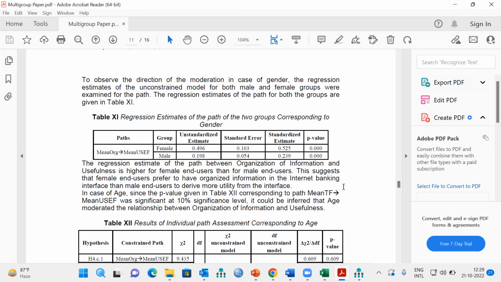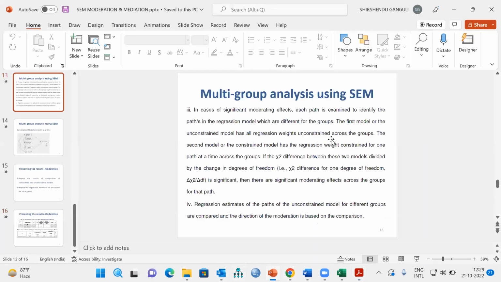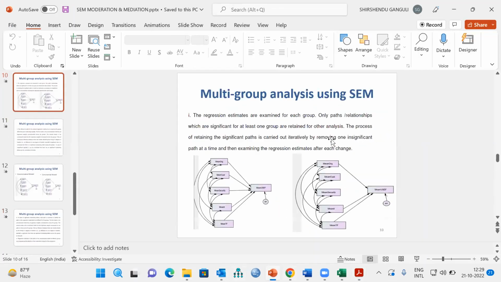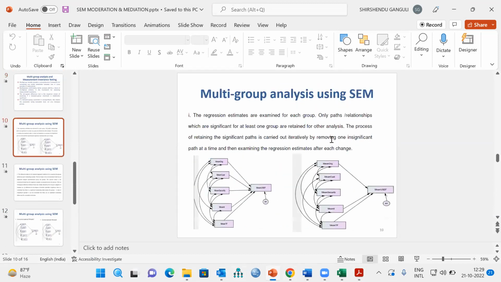So moderation is done in several steps. How do you do moderation? First, we look at the models. In the sense, we look at all the paths for the model and see which ones are significant for both groups.